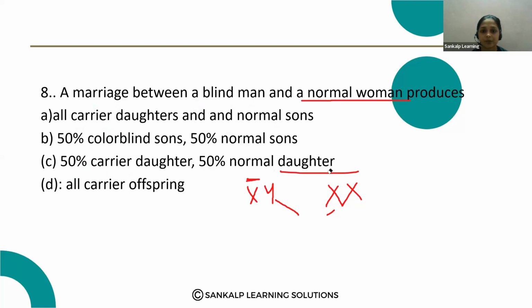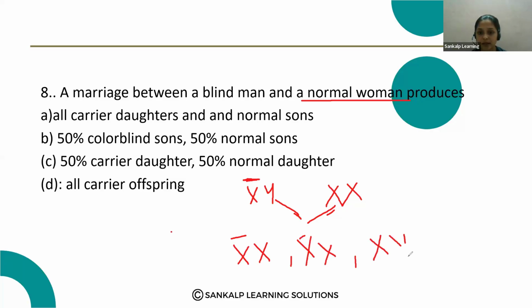Here the colorblind man has the defective X chromosome and a normal Y chromosome, and the normal woman, not a carrier woman, produces X, X. The cross gives XX, XX, then XY and XY.